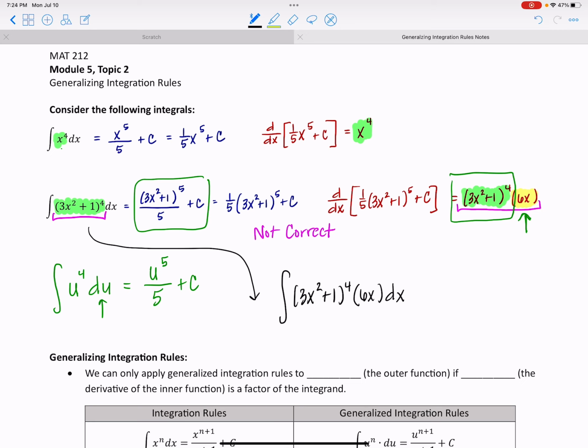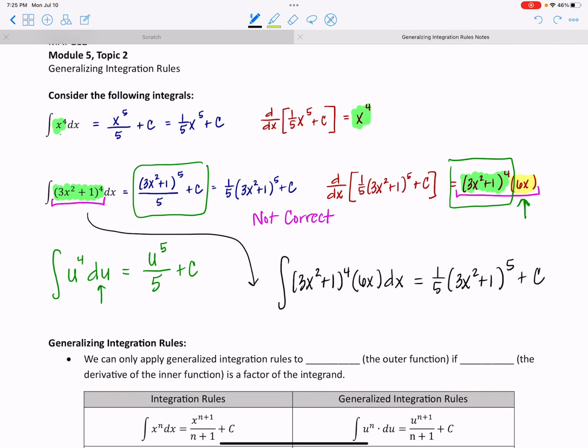If I found that integral, then I use my power rule, just like we did a few seconds ago, and we get 1/5 times (3x squared plus 1) to the fifth power, plus c, that family of antiderivatives. So if we see a composition of functions, remember the chain rule says multiply by the derivative of the inner function. Well, if this is our derivative here, then that derivative of that inner function needs to be there in order for us to work in reverse and integrate.